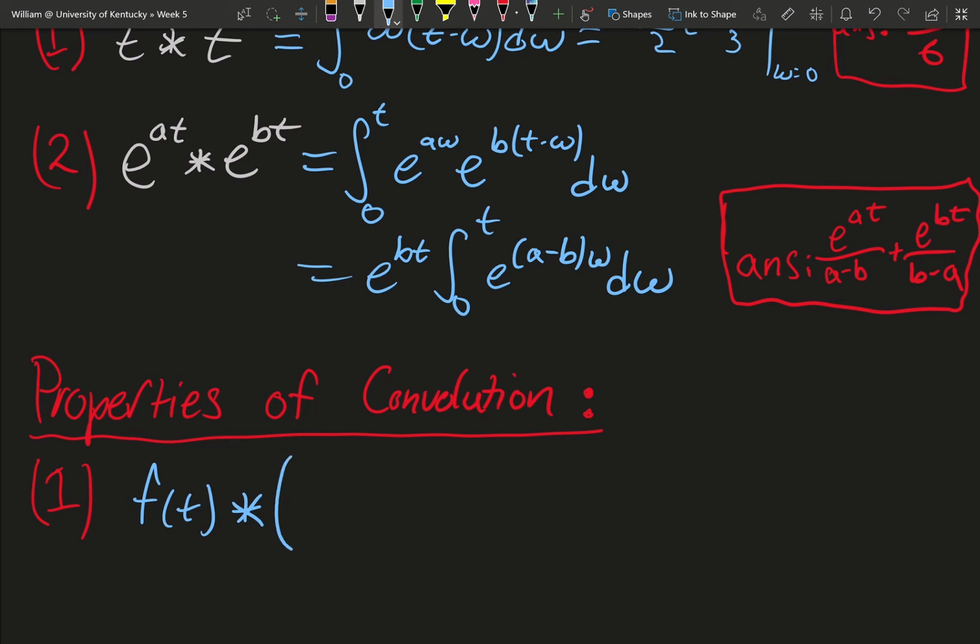So the first of which is a sort of distributive property.